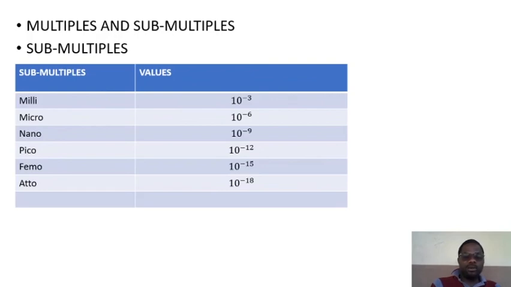So we have pico 10 raised to power minus 12. We have femto 10 raised to power minus 15. We have atto 10 raised to power minus 18. We have many other submultiples. We have exo, we have iota, and so on and so forth.